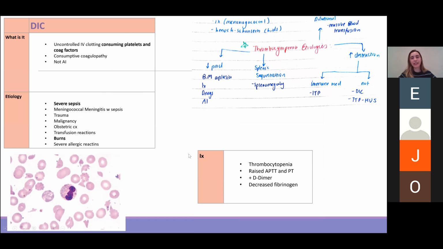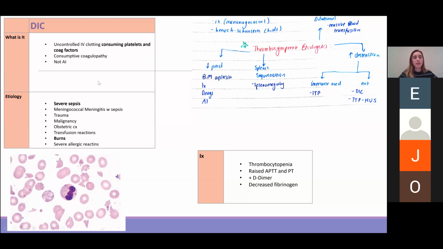Okay, so this is the weird question I was talking about before. When you have low platelets, there can be a number of reasons for this. This condition actually involves both coagulation factors and platelets, which is a bit confusing, but this is one of the main red flag things.